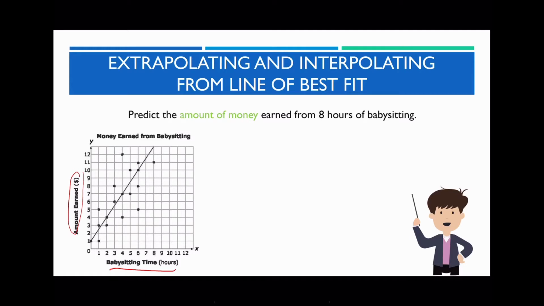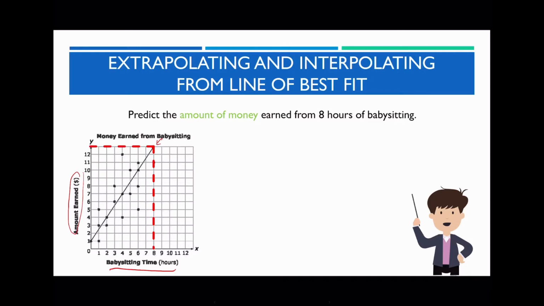If I draw a line like this where it intersects with the line of best fit, it's going to hit it over here. I now want to find out what the y value is that corresponds to this, so I'm going to draw a horizontal line such that it hits the y-axis.